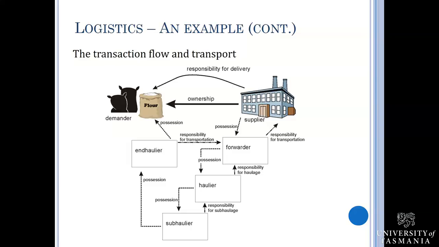It can be very easy, or it can be many layers of operators. Because if this is long distance, interstate, or sometimes even international, think about how many layers of operators. This is to do with the transport side. And of course, in between, you have the warehousing and storage as well.